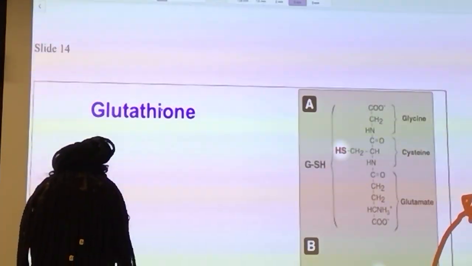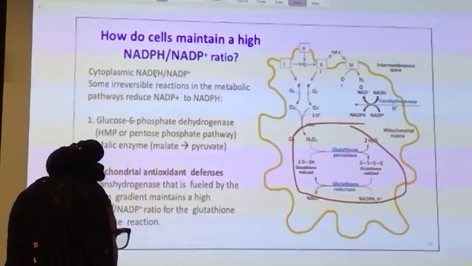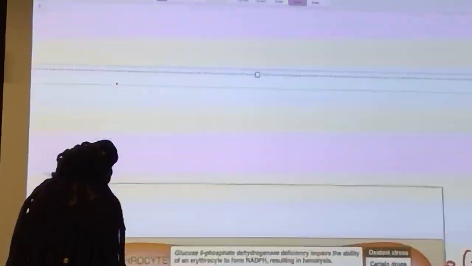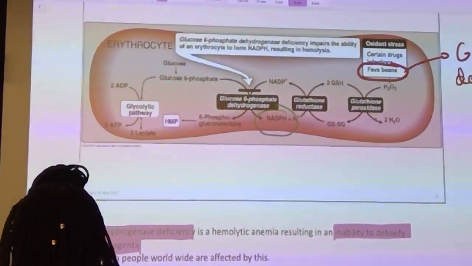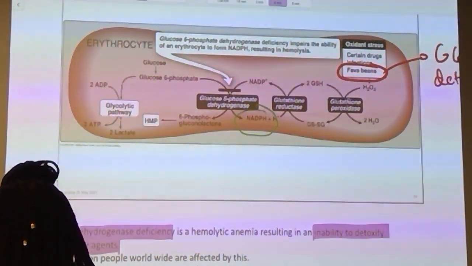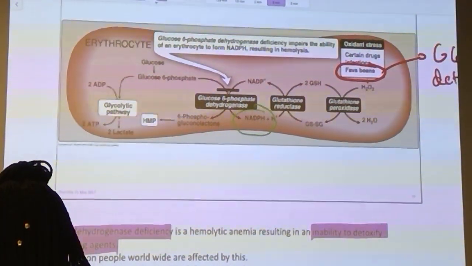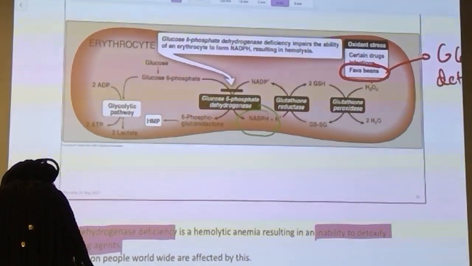Okay, so for glutathione peroxidase, every time you use it, you have to remake the glutathione, and the enzyme that remakes it is glutathione reductase.